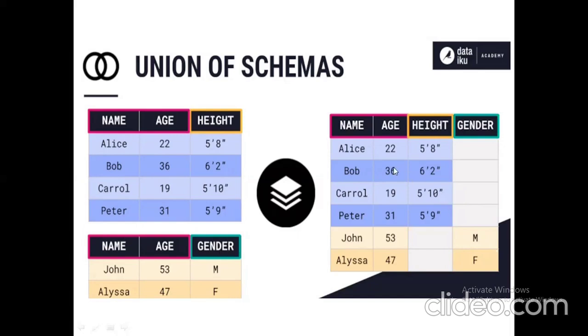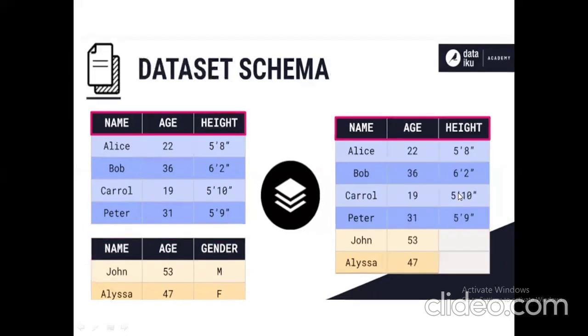So by using union, four columns will be created. Whatever the matching rows are will fill that particular column. For example, height: the first dataset has height for 4 rows, and in the second dataset height is not available, so it gives blank values. Similarly for gender.